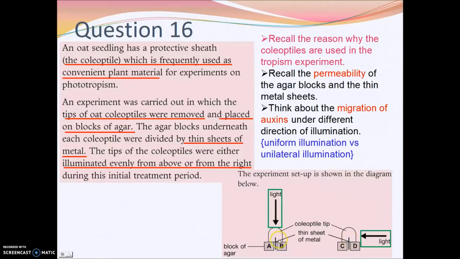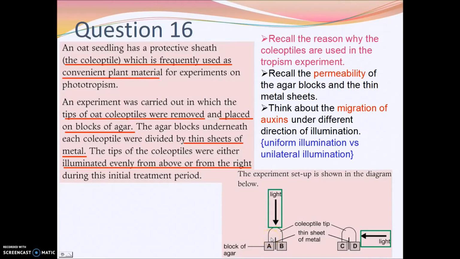Of course you should know that the metal is impermeable to the auxin, so the auxin cannot pass through the metal. But as I said before, the metal is not inserted completely into the tip, just halfway. So can the auxin move from this side to this side?